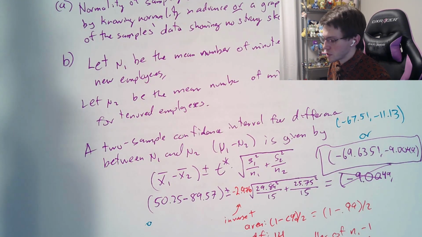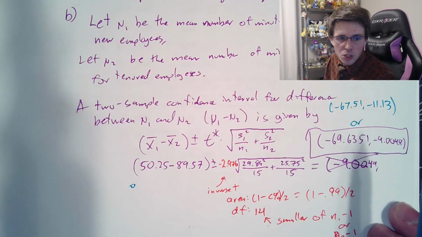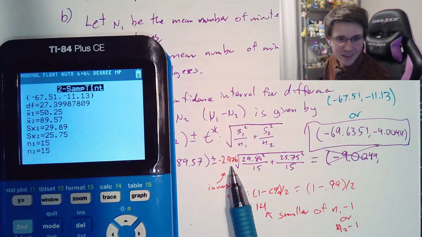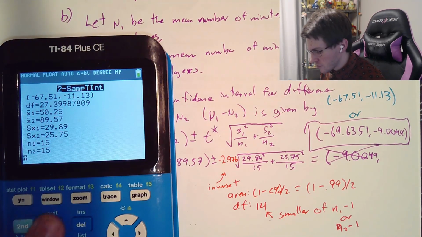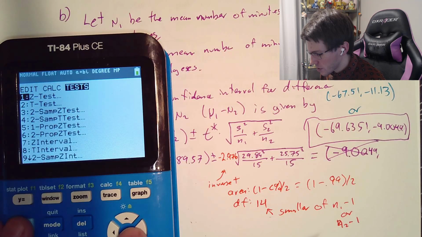Like I'm saying, this is closer together. It's a little bit more squished because it's a little bit more exact, since we have higher degrees of freedom. And for those degrees of freedom, instead of negative 2.96, you'll find a slightly smaller number if you use that number I forgot to write down.